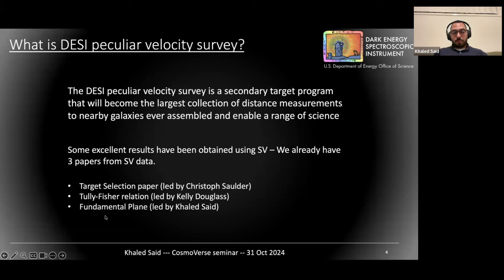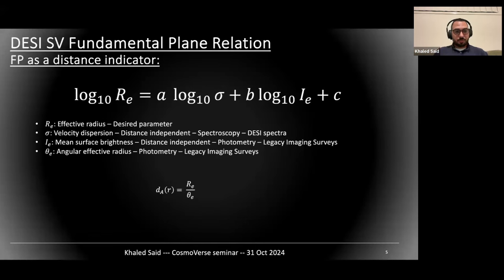The third paper is the fundamental plane, and that will be my focus in this talk. The fundamental plane is basically the same as Tully-Fisher. You need some parameters that don't depend on distance. In our case, this is the velocity dispersion, the velocity dispersion of the stars inside the galaxy. This is not to be confused with the velocity dispersion of galaxies in a cluster.